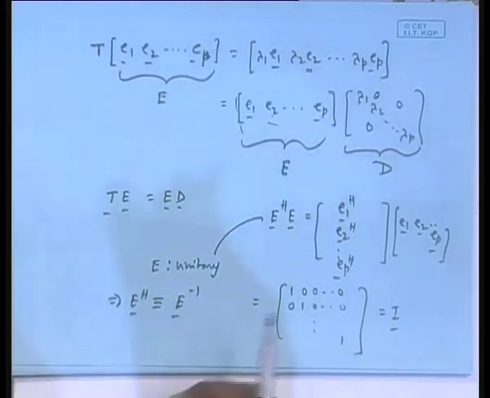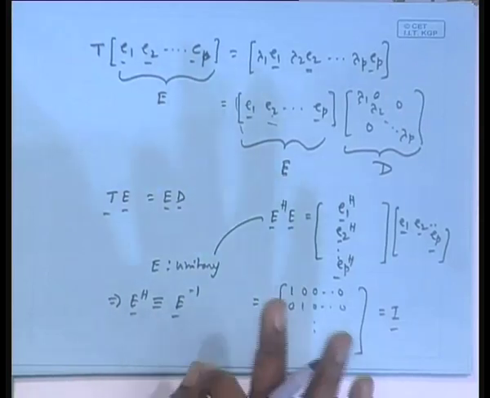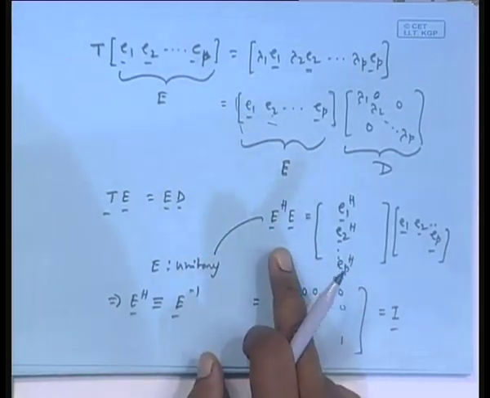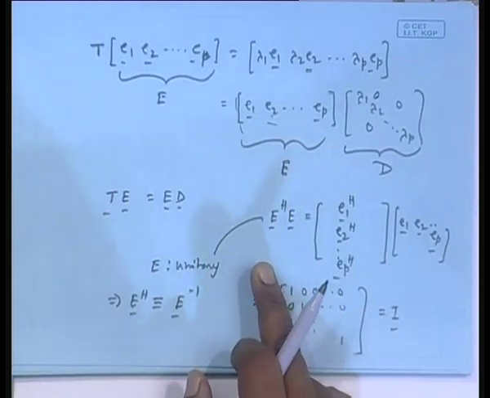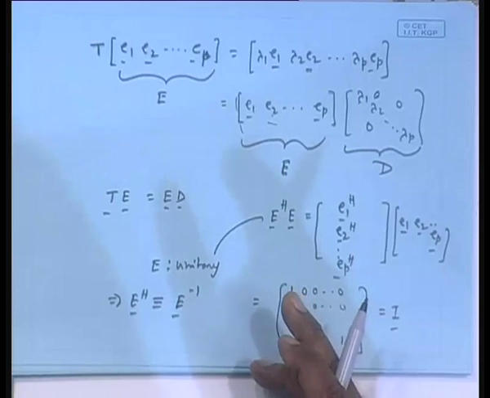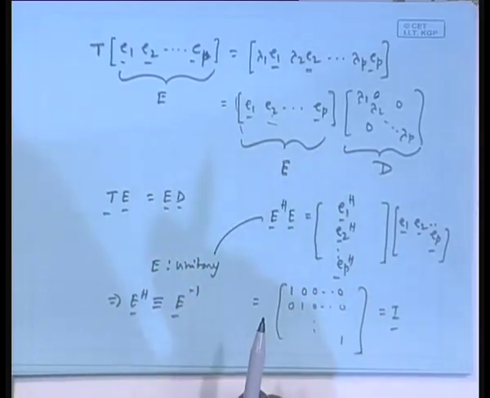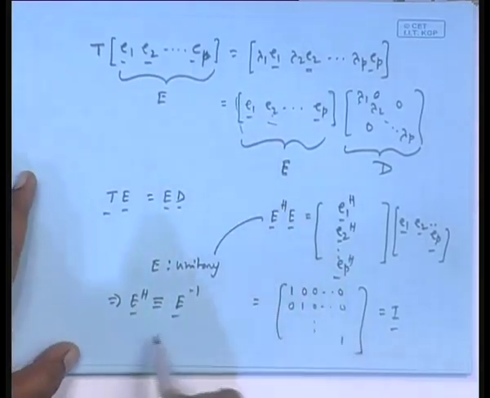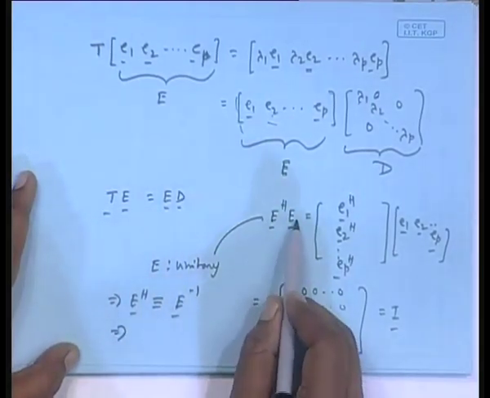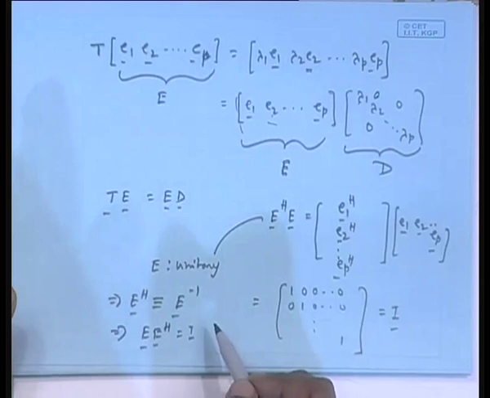If I give two square matrices A and B with AB equal to I, you know B is A inverse and A is B inverse, that we know. So to invert such a matrix, you really do not have to do much computation, whereas inverting a matrix is a big problem. If the matrix is given to be unitary, you just take the Hermitian transposition and you immediately get its inverse. Therefore this also implies that instead of E Hermitian E, if I make it E E Hermitian, that also is identity, because E Hermitian is the inverse.